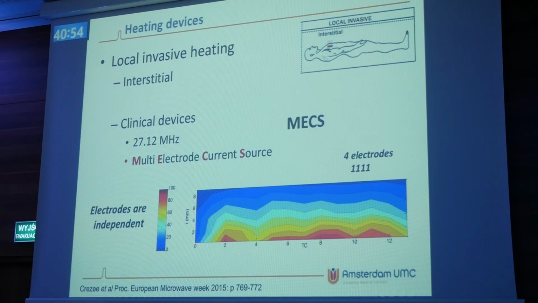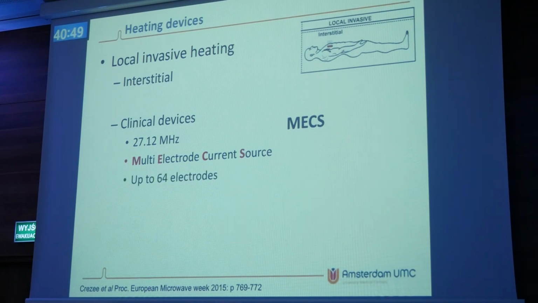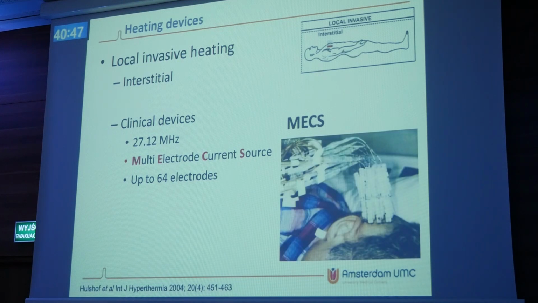So the electrodes are independent, and that means you have spatial control within your implant volume. And this is what it looked like, for instance, in an implant for a brain tumor.